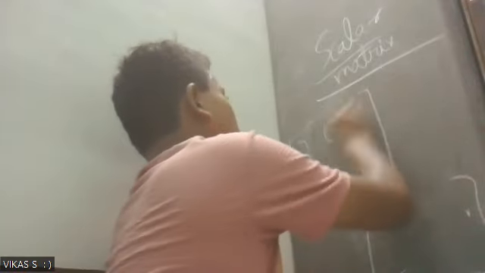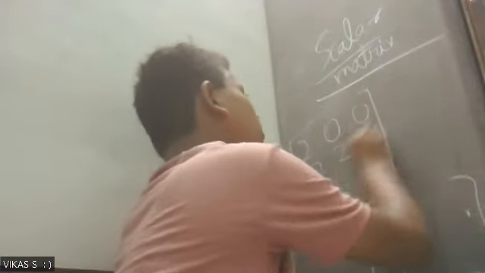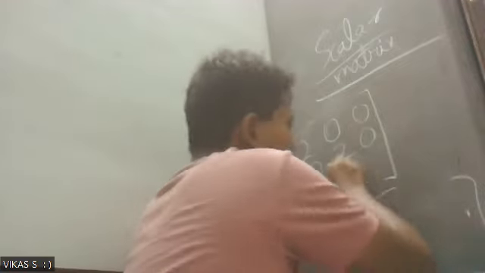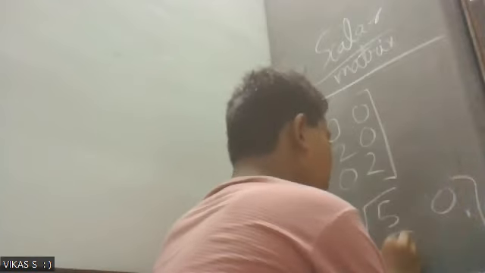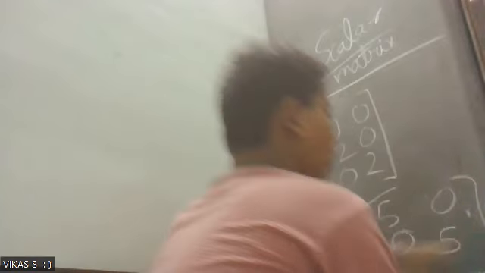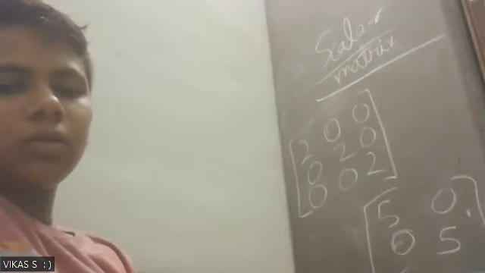So this is 2, 0, 0, 0, 2, 0, 0, 0, 2. And this is 5, 0, 0, 5. In both, what can you see?